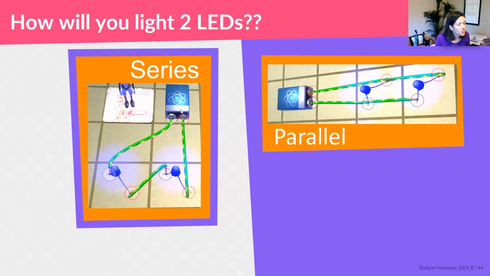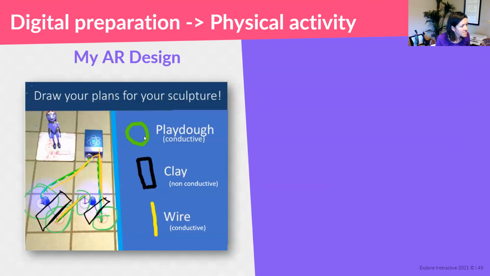You can also use this as a starting place to move into something like squishy circuits. So here's the design that I created in augmented reality. How do I translate that to my squishy circuits, for example? This is some student work where they took a screenshot of their design, and then using their PDF editors, drew on it to indicate, okay, I need to have a wire here, and then I need to have the conductive Play-Doh here.